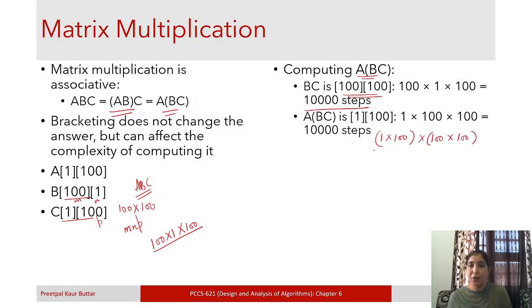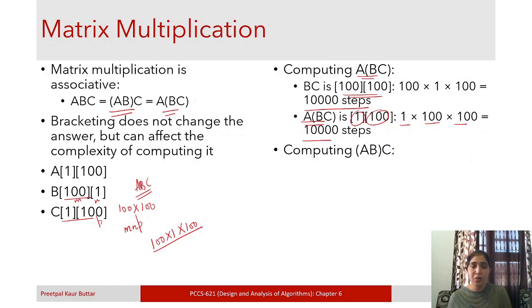First let us talk about the dimension of this complete product. It will be 1 cross 100, right? And the number of steps required will be equal to m n p. So 1 into 100 into 100, so 10,000 steps, right? Okay, now let us move to the next option.